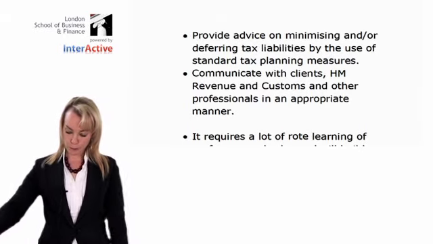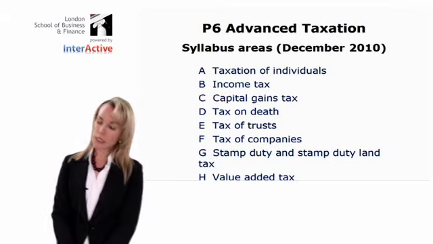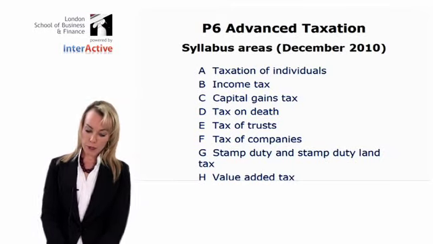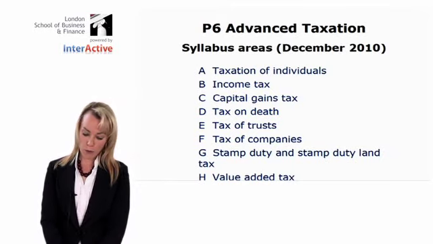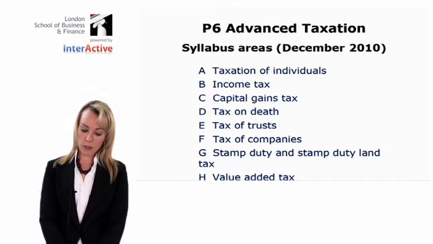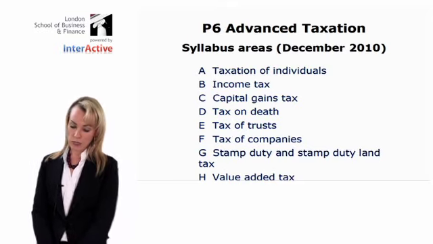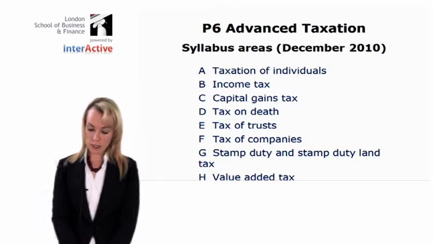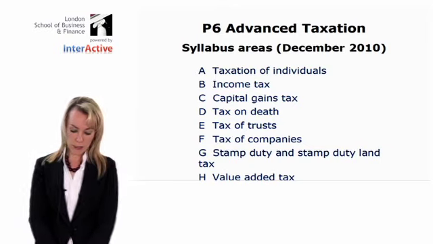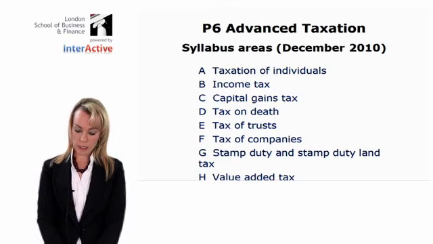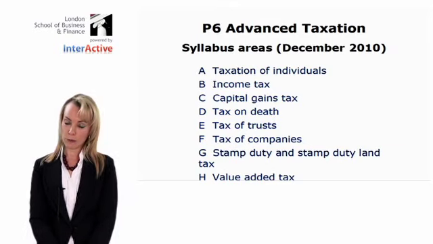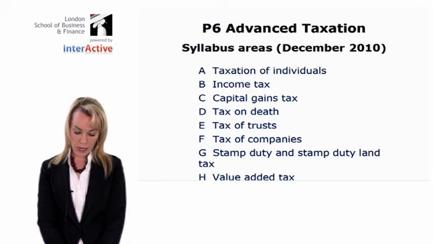Talking about the syllabus, the syllabus is made up of a lot of things that were covered at F6, taxation of individuals, income tax, capital gains, and now we're bringing in tax on death and trusts and companies, and then we've got stamp duty and stamp duty land tax, and then the familiar one of value added tax.